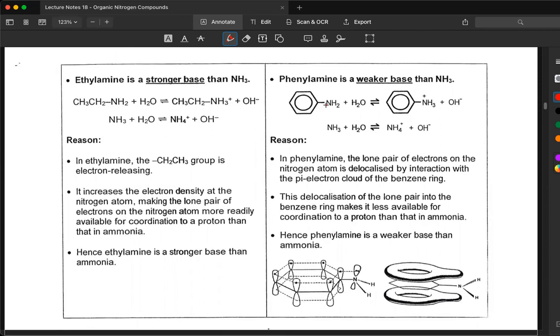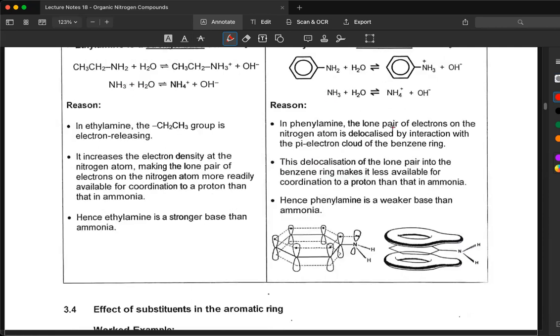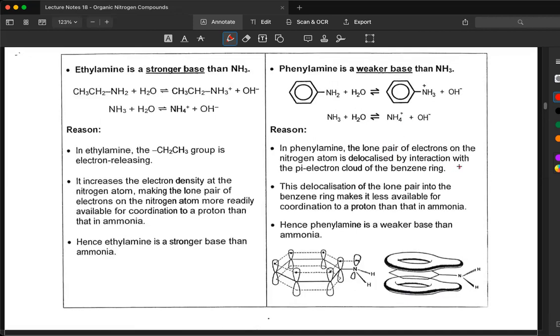Okay, so there's a good overlap between the p orbital of nitrogen and the pi electron cloud system of the benzene ring. That will facilitate better delocalization of the lone pair of electrons.